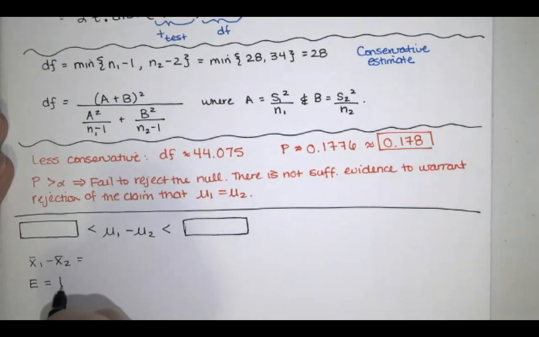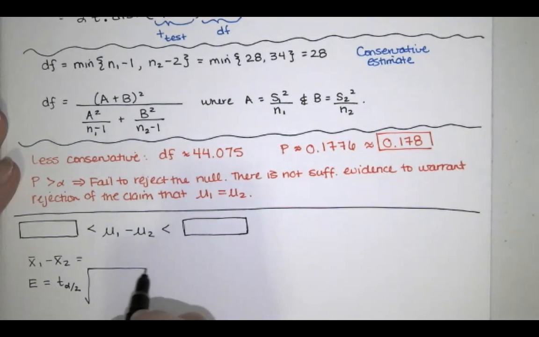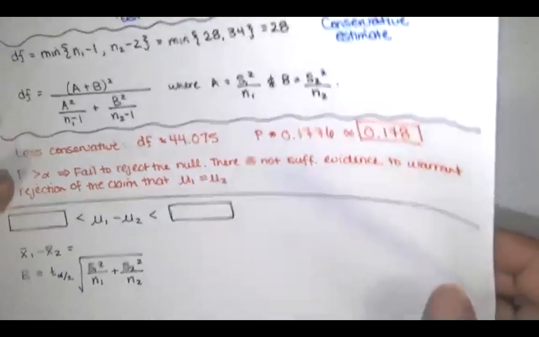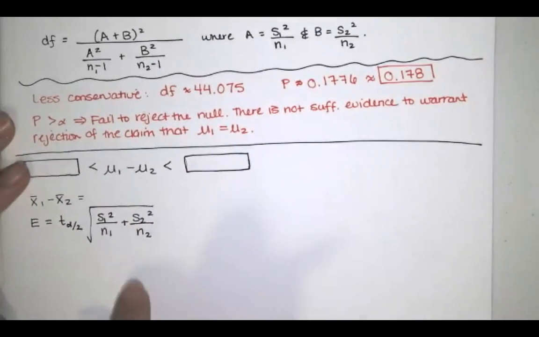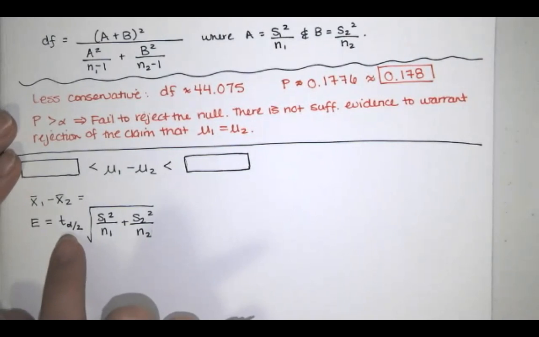And the margin of error is given by t sub alpha over 2 times the square root of s sub 1 squared over n sub 1 plus s sub 2 squared over n sub 2. So this is an estimate of the standard deviation, and this is kind of like a z-score, but it's a t-score corresponding to a certain area in the tails.